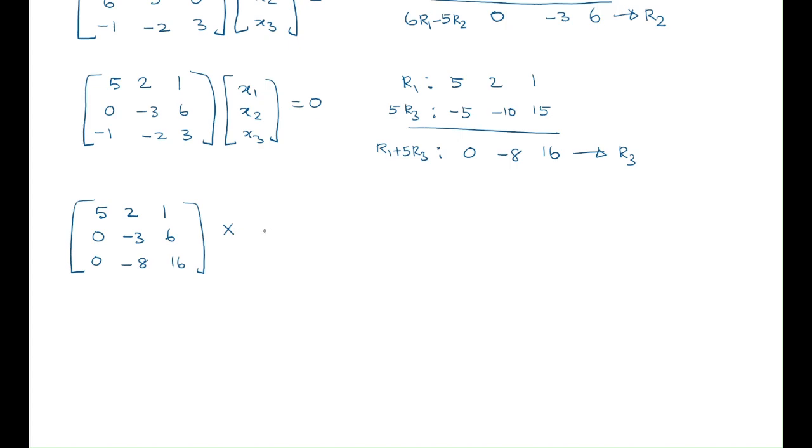Let me write x here for simplification. Now you can notice that the next step is to make zeros above and below minus 3. That is, we have to make this term a 0 and this term a 0.